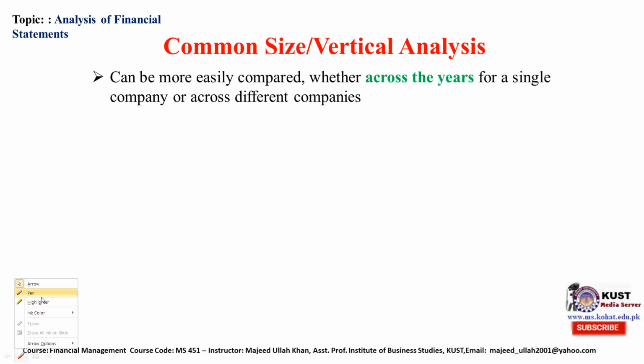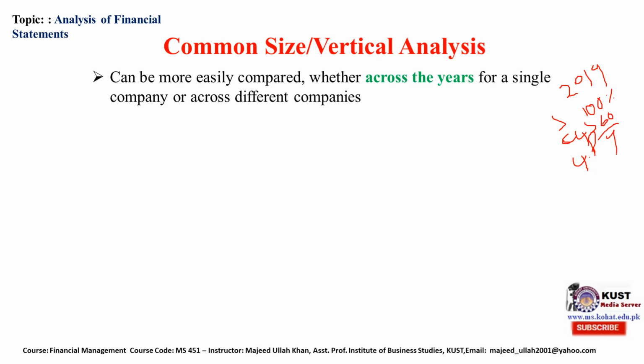When we calculate each item as a percentage of the sales, let's suppose of 2019, sales is 100%, CGS is 60%, GP is 40%, we will be in a position to compare it easily with the 2020 figure.